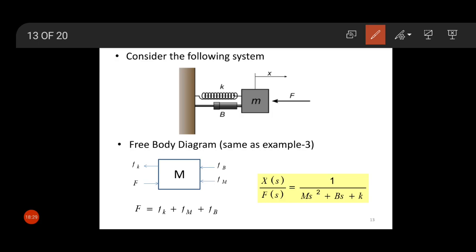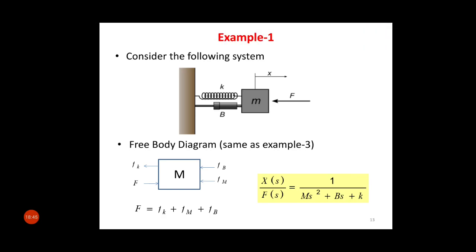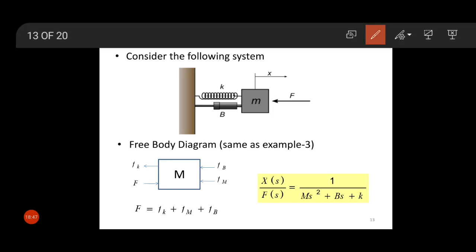Now, by Newton's law of motion, the algebraic sum of all forces is 0, or the sum of applied forces is equal to the sum of opposing forces. That's why capital F equals Fk plus Fm plus Fb.